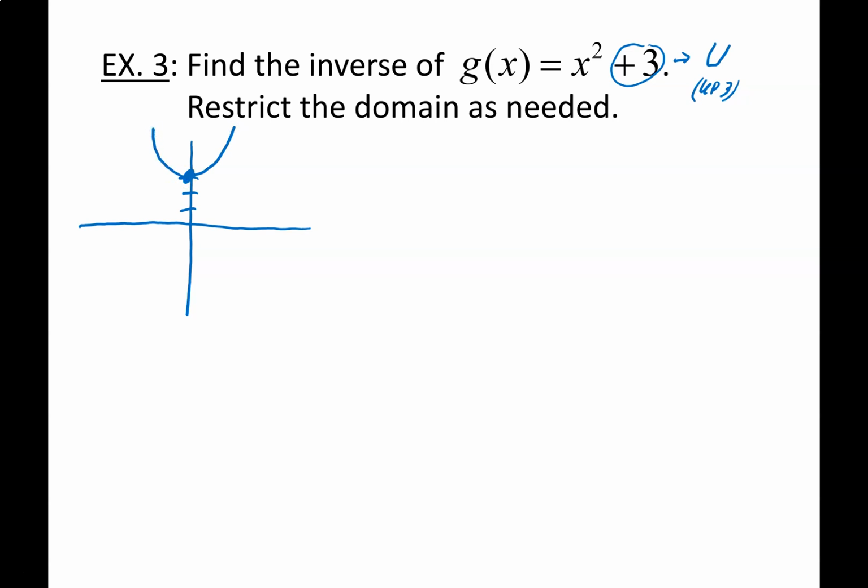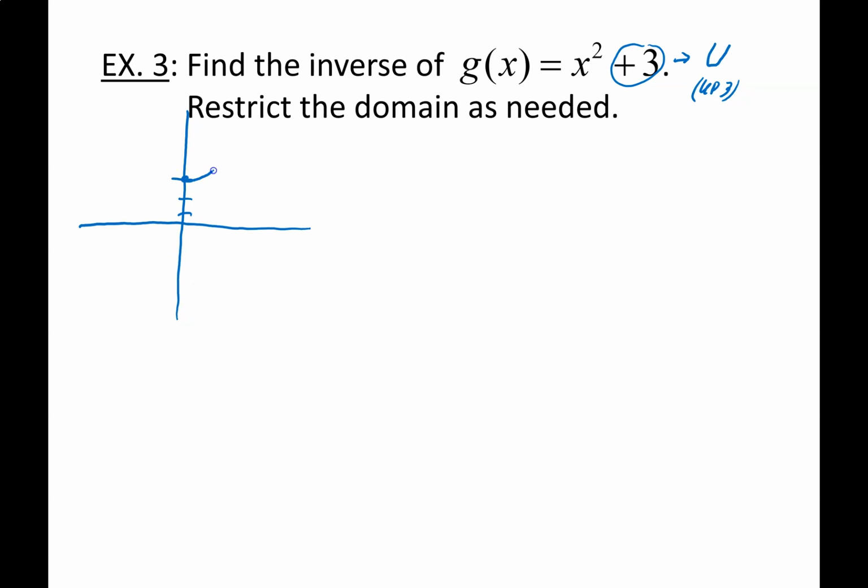The question I ask myself is, is this a one-to-one function? Would it pass the vertical line test? Sure. Would it pass the horizontal line test? Not feeling so good about that, so it's not a one-to-one function.